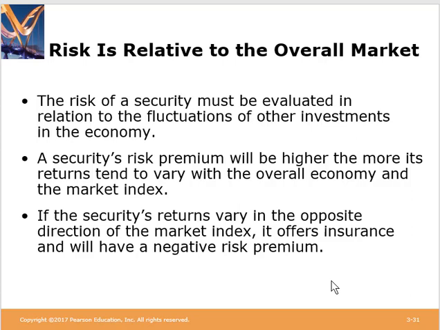If the security's returns vary in the opposite direction of the market or the economy, then we actually can look at these as having a negative risk premium, which may provide us in certain circumstances with insurance mechanisms where we can insure against some losses.